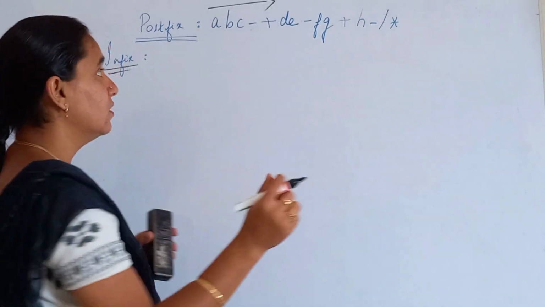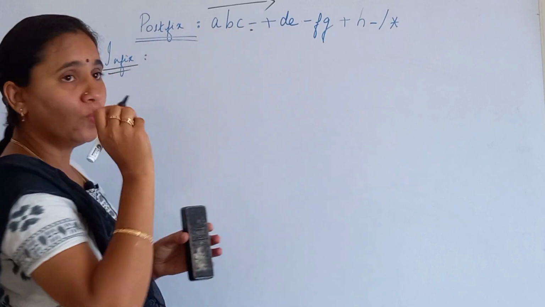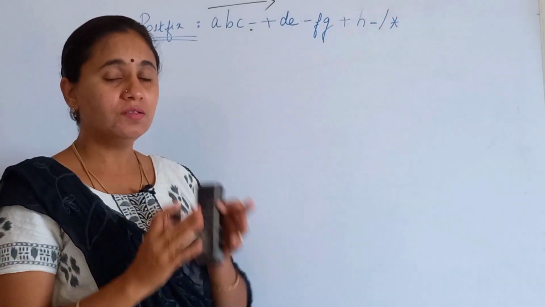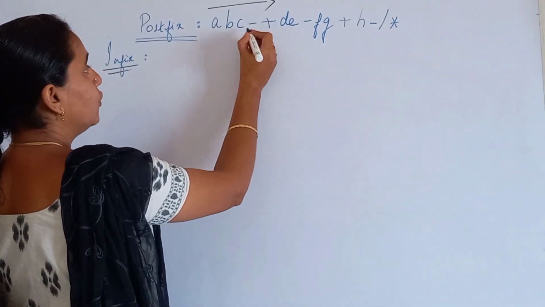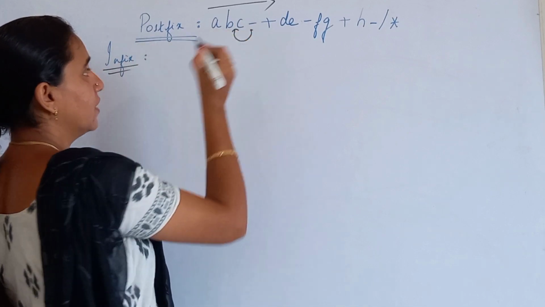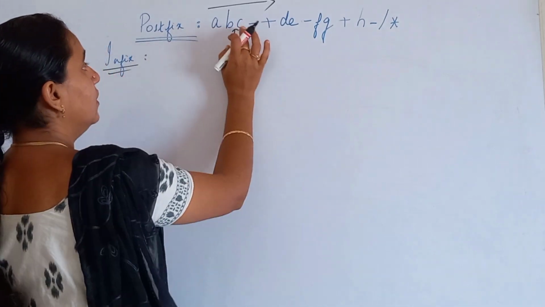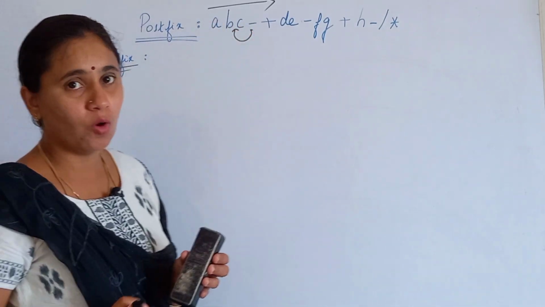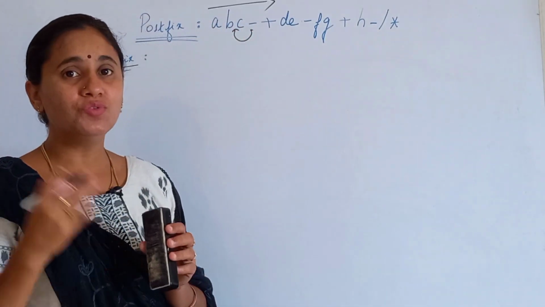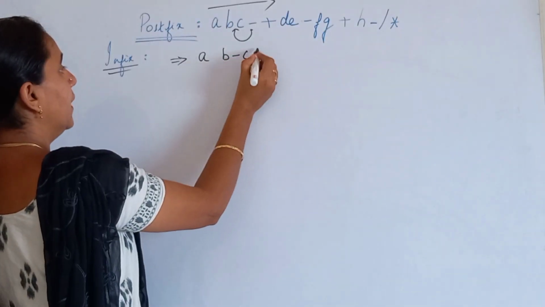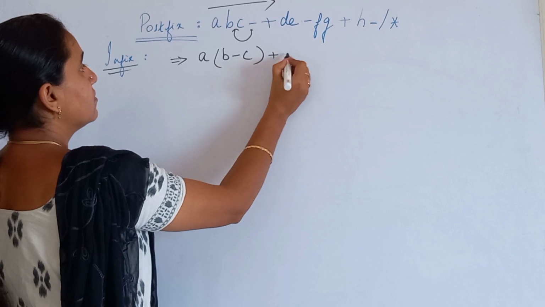So take that. Once you have found an operator, stop the search and shift this operator to the side of the nearest operand. C is an operand, B is an operand, so in between that you shift. You get the answer as A, B minus C, plus DE.